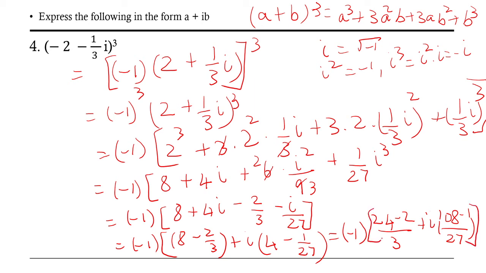Now this is equal to -1 into 22/3 plus i into 107/27.